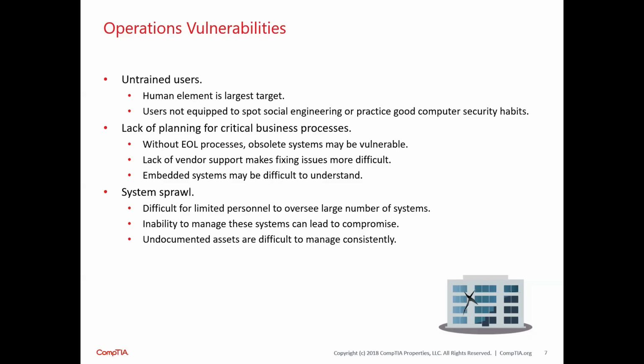For example, the system comes with different types of operating systems: Linux, Windows, Mac. Undocumented assets also can be difficult to manage. So these are called system sprawl. If the users are not properly trained to manage the multi or mixed architecture, it might also cause problems to the organization.